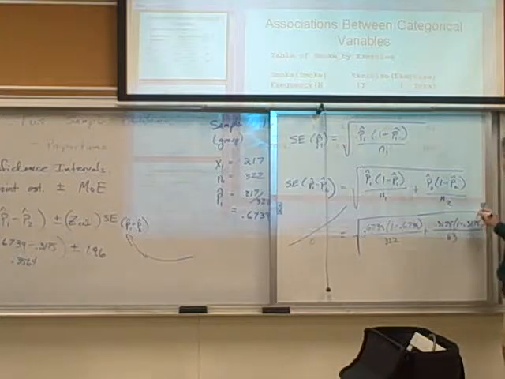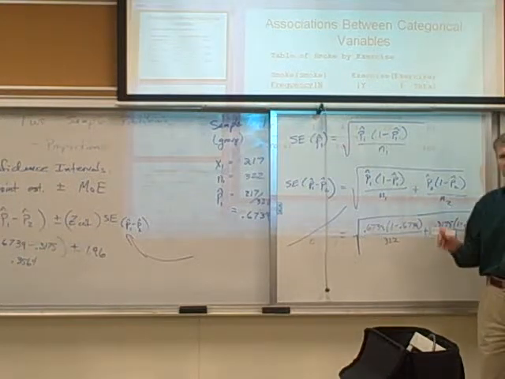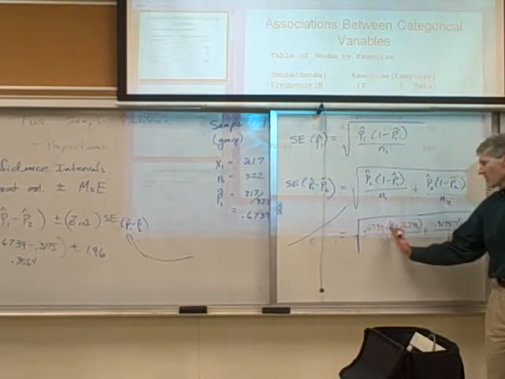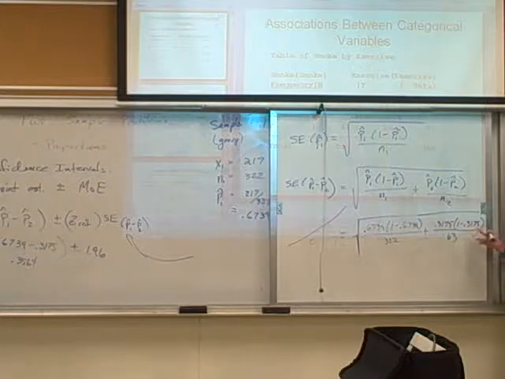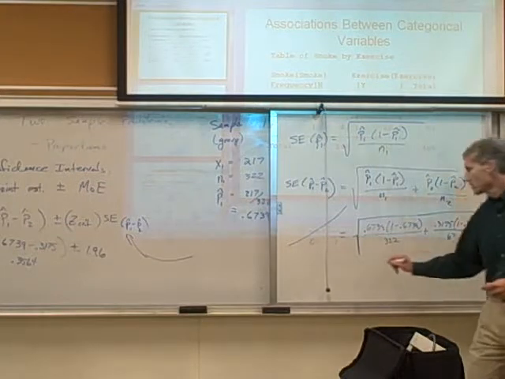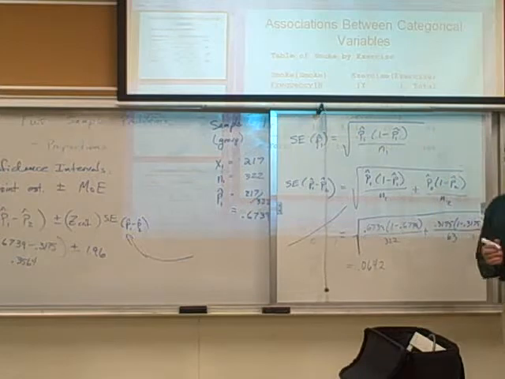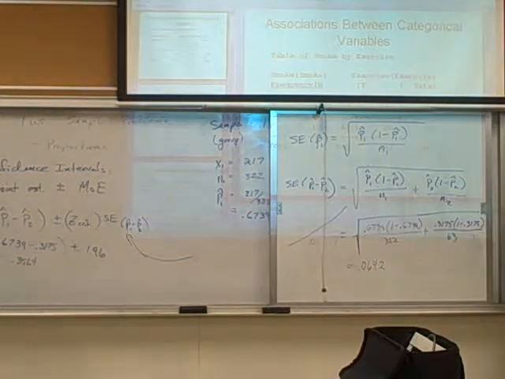So that square root goes across the whole thing. So when you hit the square root button on your calculator, second function square root, it'll open a parenthesis. So after you get past all of this, using these parentheses, put another parenthesis to close that square root. 0.0642. That looks right.